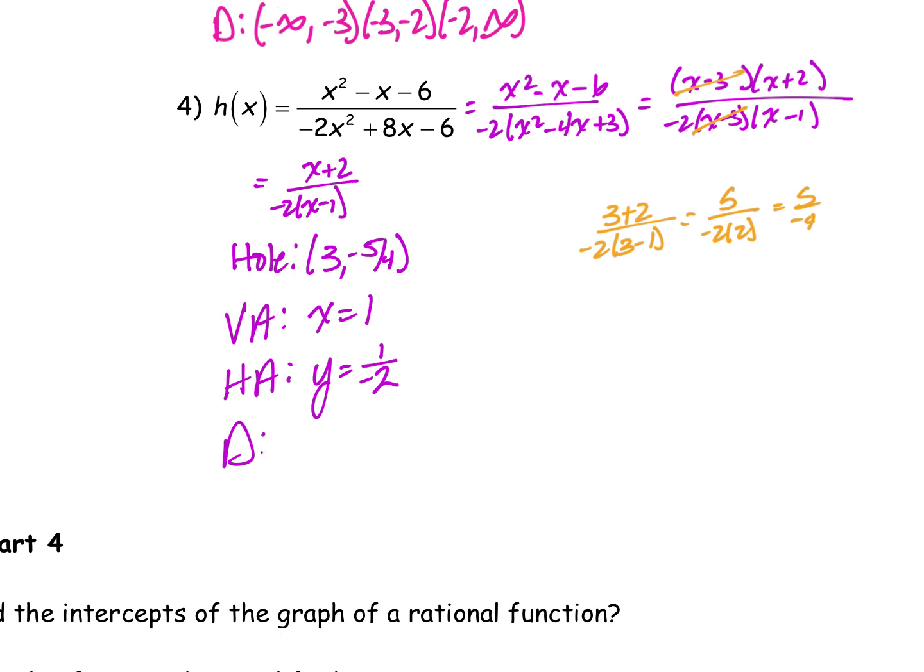Domain. Domain, we've got 2 places, 3 and 1. So -infinity to 1, that's lower, 1 to 3, and 3 to infinity. There you go.